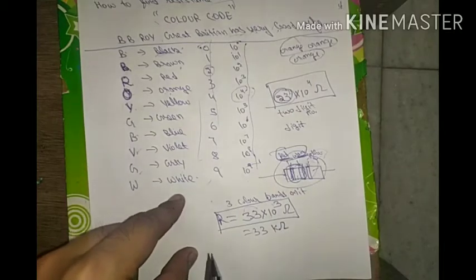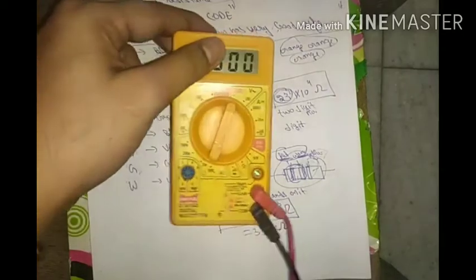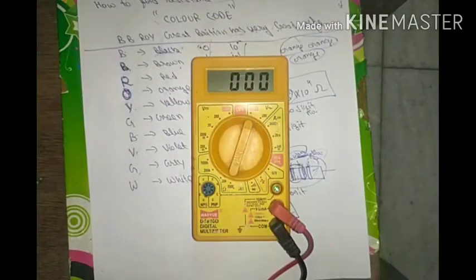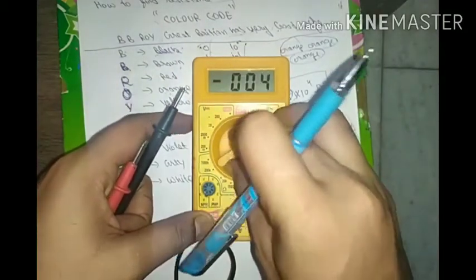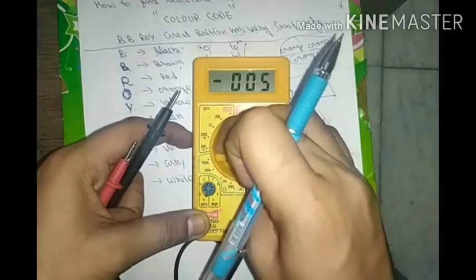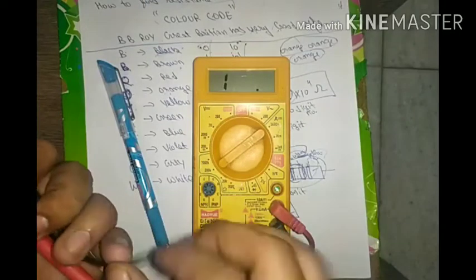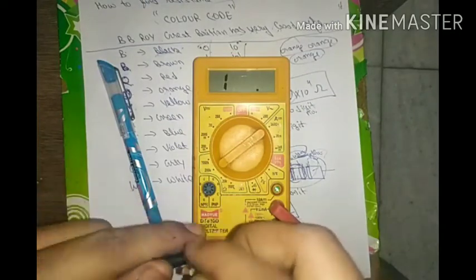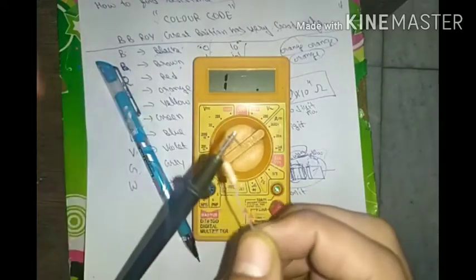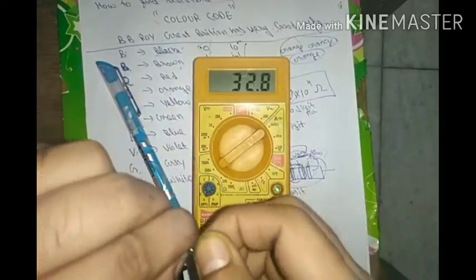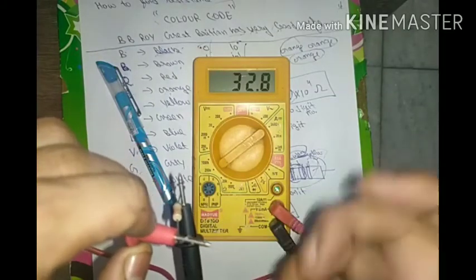So what is the resistance? That is 33 kilo ohm. And if you remember, we have calculated the value of this resistor; I will show you again. Put it in the kilo ohm range, and then take that resistor and place the second end on the second probe, and you can see 32.8, which is close to 33.